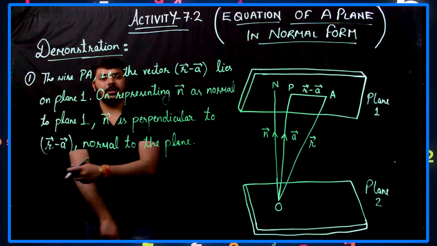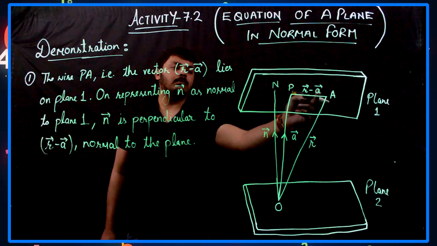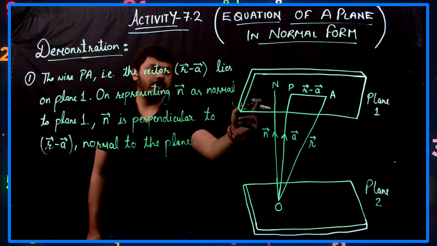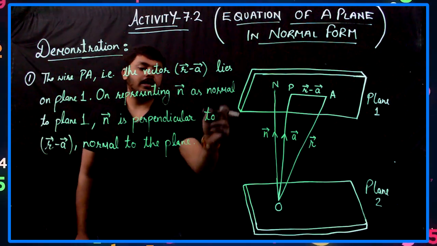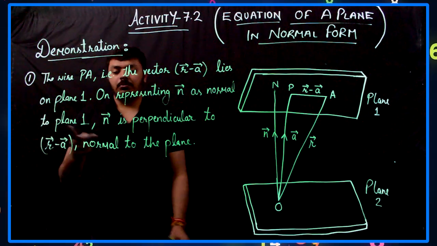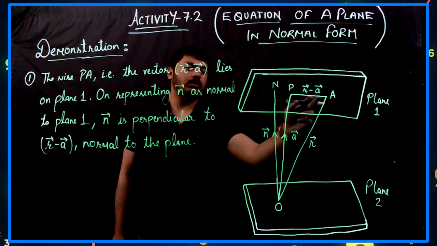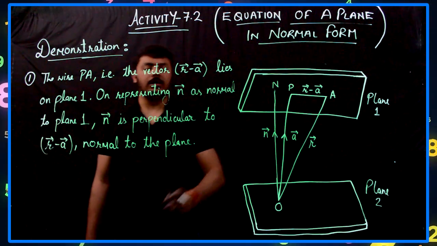So the wire PA, the vector R minus vector A, lies on plane 1, with n vector representing the normal to plane 1. The n vector is perpendicular to R vector minus A vector.